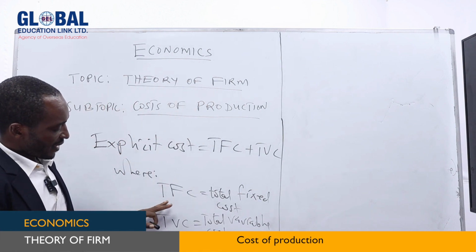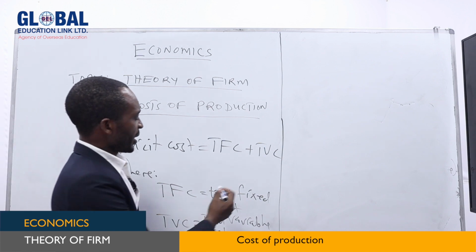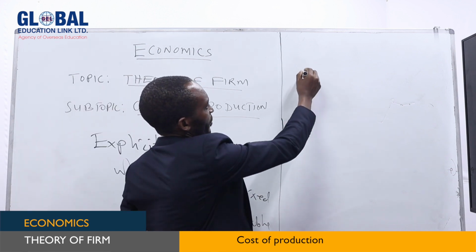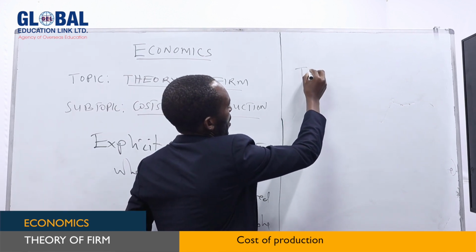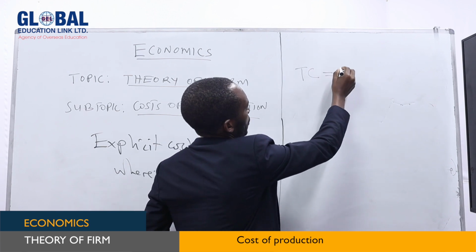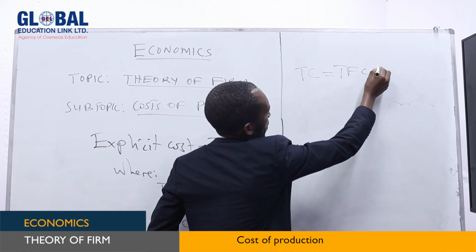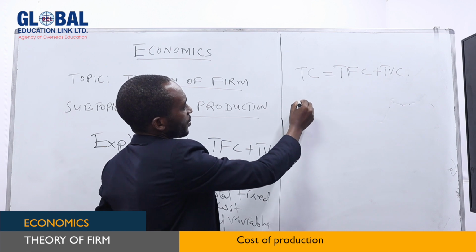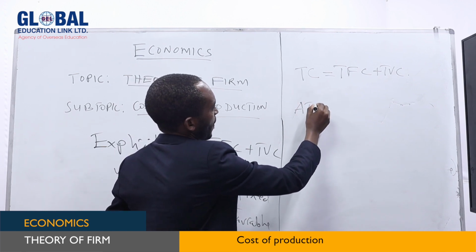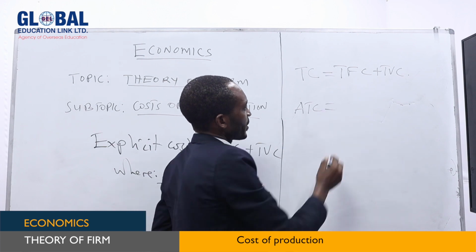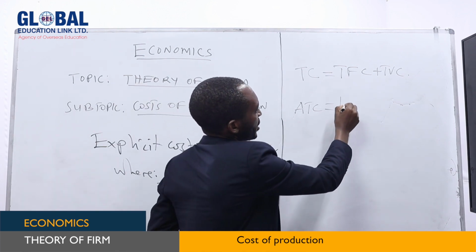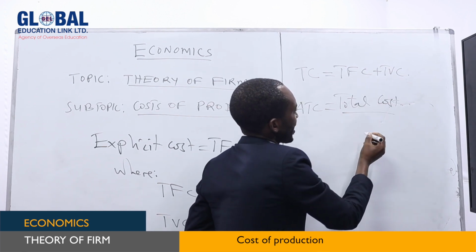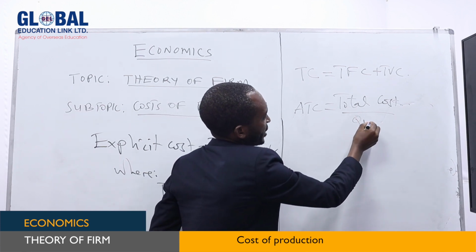So when you use these two costs, total fixed cost and total variable cost, when we sum them, we get total cost, which is equal to total fixed cost plus total variable cost. Now, average total cost will be obtained by taking the total cost divided by quantity.